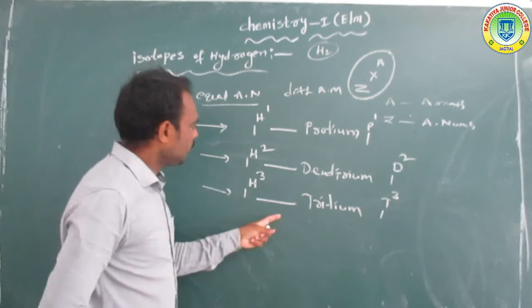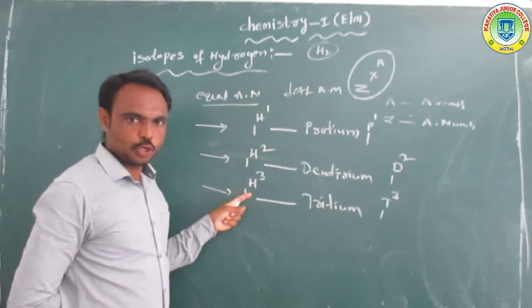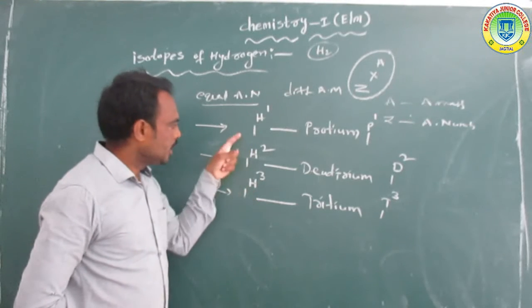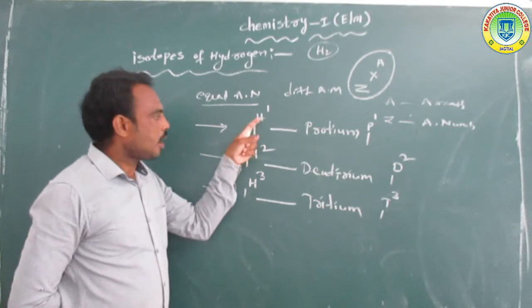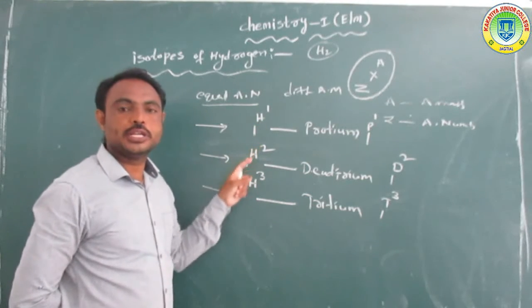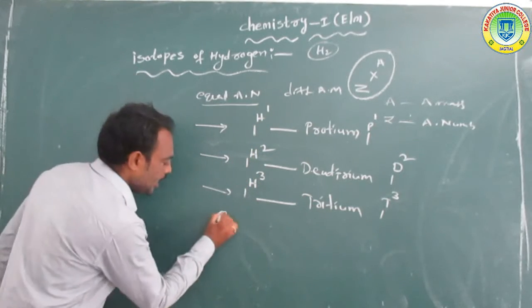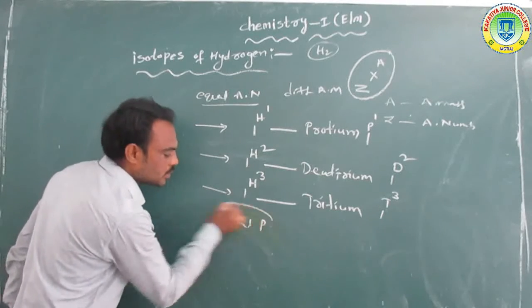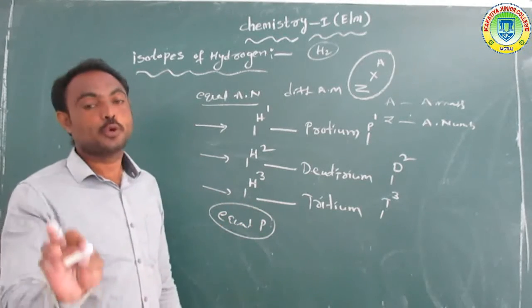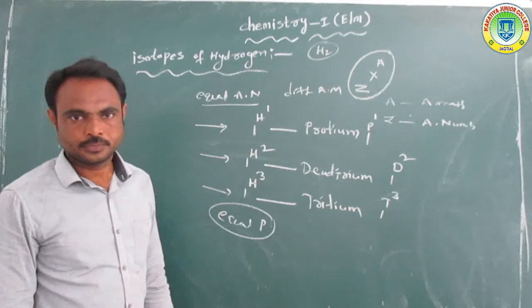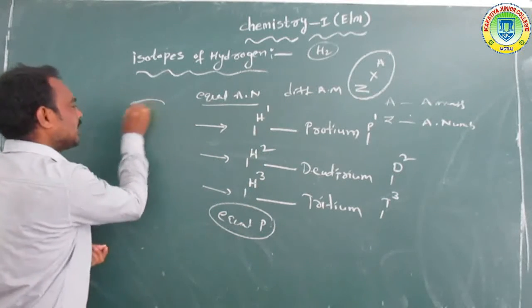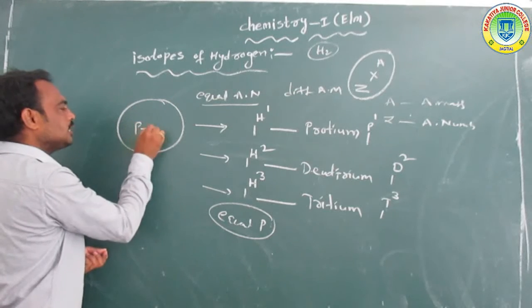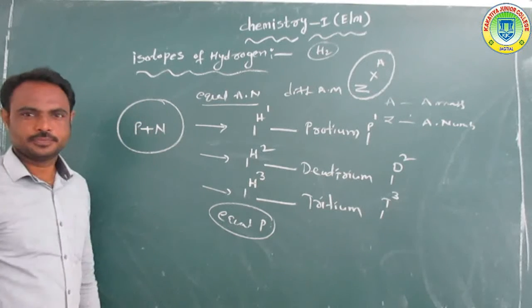So overall, in these isotopes, all hydrogen isotopes contain equal protons. The nucleus contains protons and neutrons.